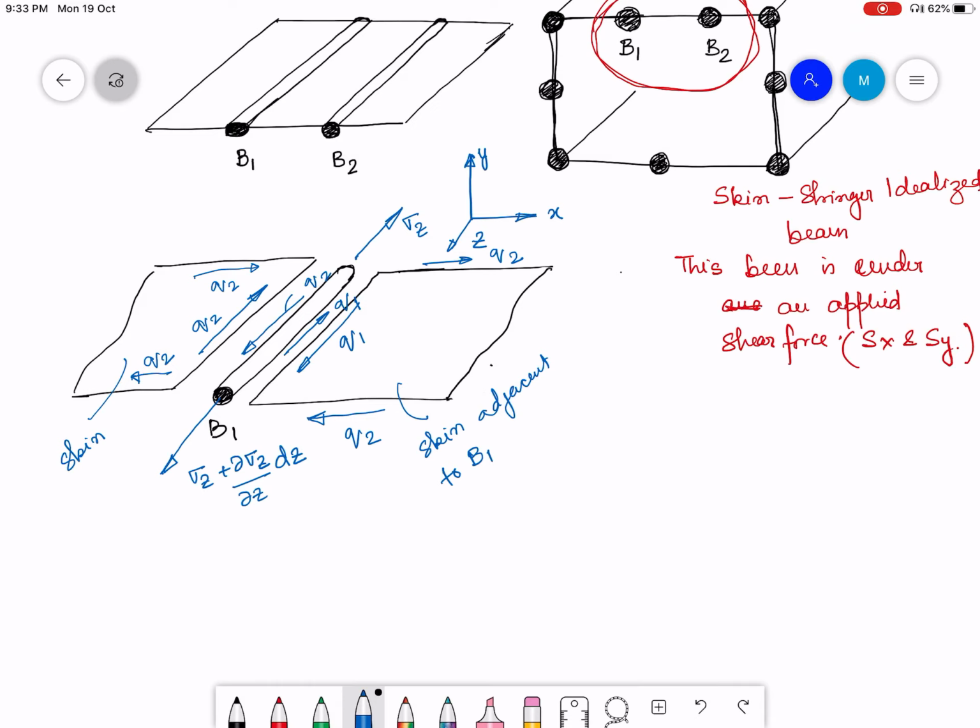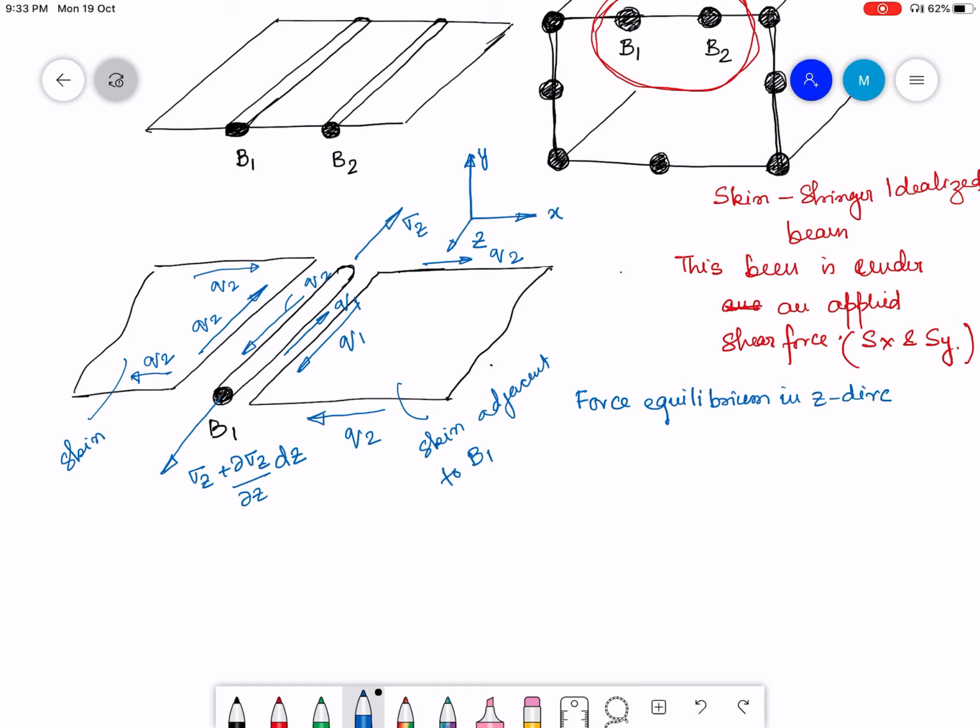Now let me do force equilibrium in z direction for the boom.